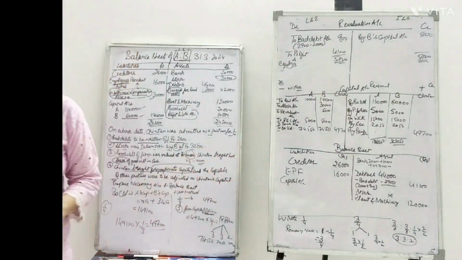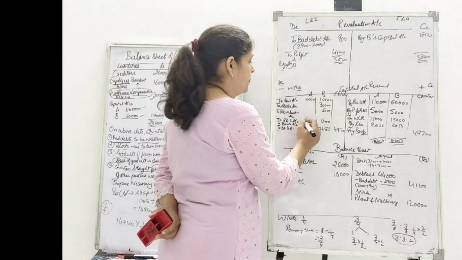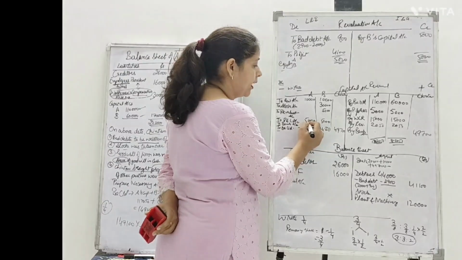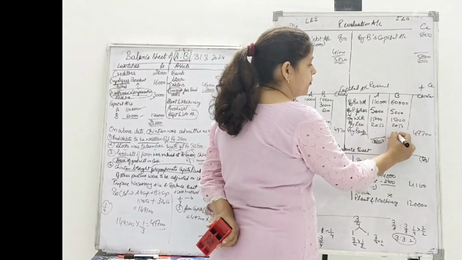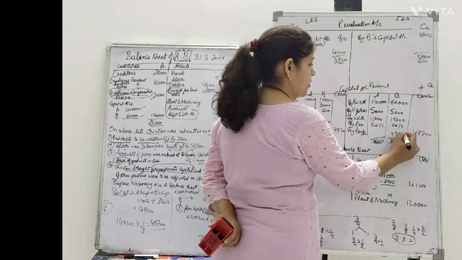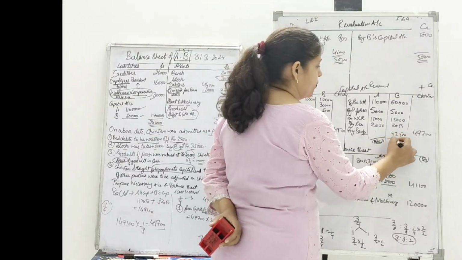So looking at the difference over here, how much difference we get is 42,500 rupees here. A has to withdraw, and in B's capital we found a difference of 42,500 here. So it would become 1,24,550.